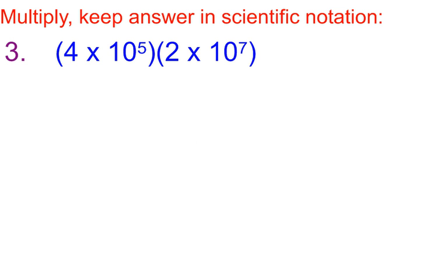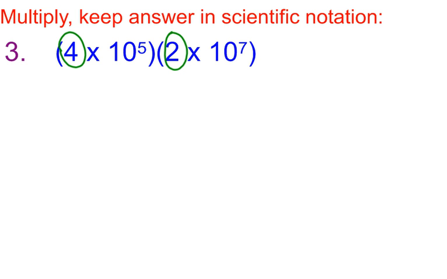What we're going to do that's using our exponent rules is we're going to multiply two numbers that are already in scientific notation. Sometimes people will bring them out of scientific notation and put them into standard and then multiply them and put them back into scientific, and that's not necessary if you know your rules for exponents. So to multiply numbers that are both in scientific notation, I take the number out in front and I go ahead and multiply them.